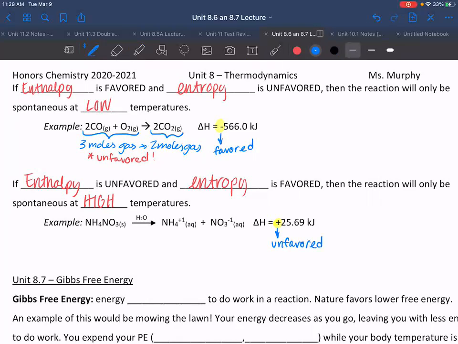And then if we look at the reaction now, we are going from a solid to everything in the aqueous phase. So I'm going to write a note because solid is more ordered.